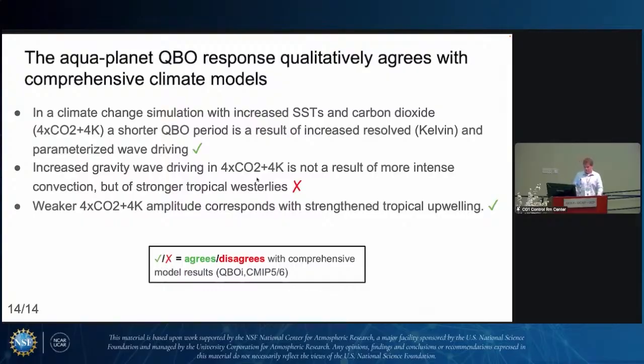The one inconsistency which I mentioned is that the increased gravity wave driving doesn't seem to be a result, at least, of more intense convection, but rather of these increased tropical westerlies. And then we also see a decrease in QBO amplitude for the 4CO2 4K simulation as a response to this increased tropical upwelling. So that's all I have, and I'd be happy to take some questions.